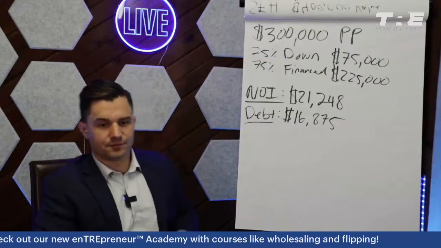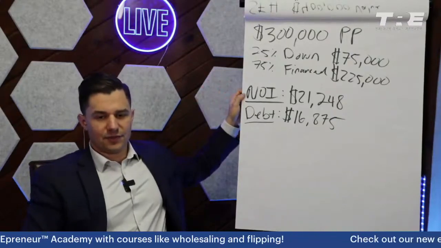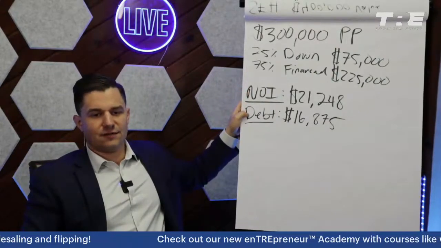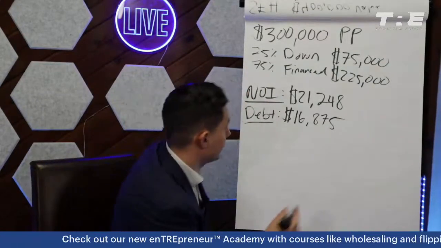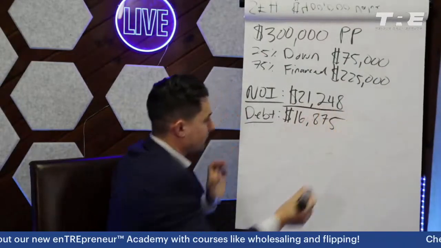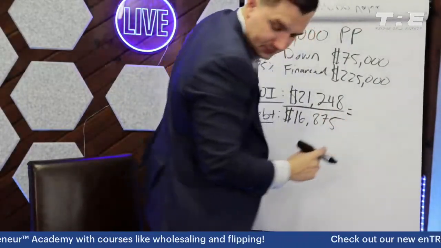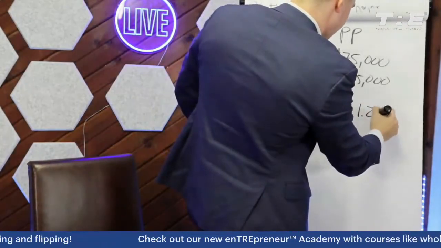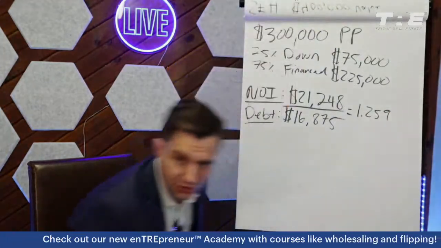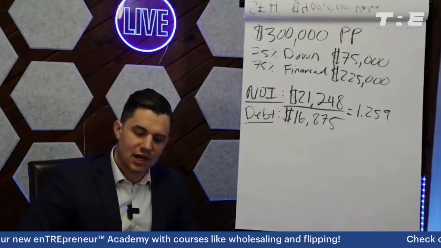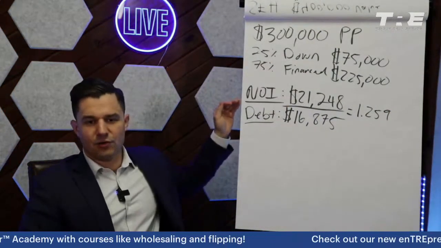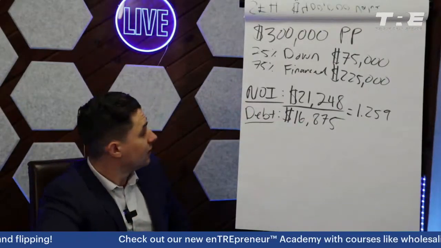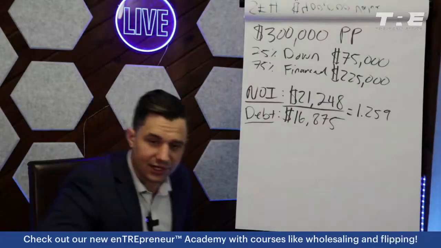So what you're going to do is take your annual NOI, divide it by your annual debt service, and it's going to give you a DSCR of 1.259. So you're in the clear. Your NOI services your debt by at least 1.25 times. So you're good. Now let's look at our cash flow.